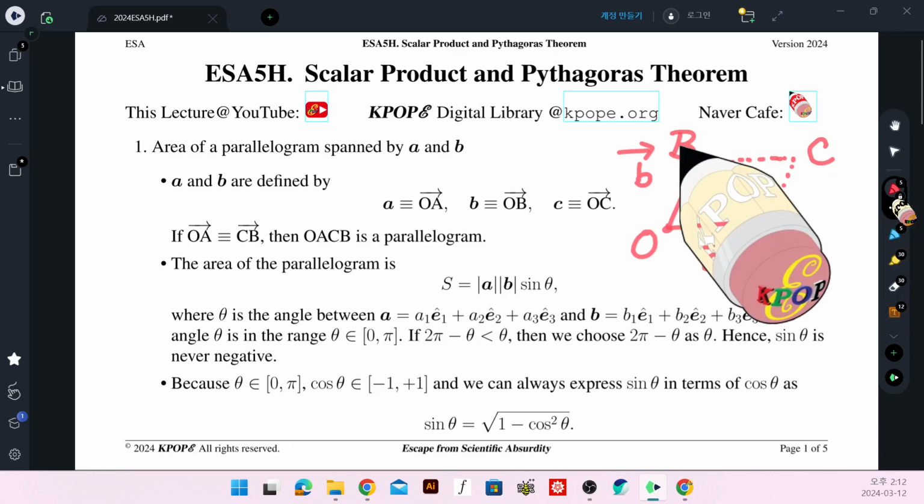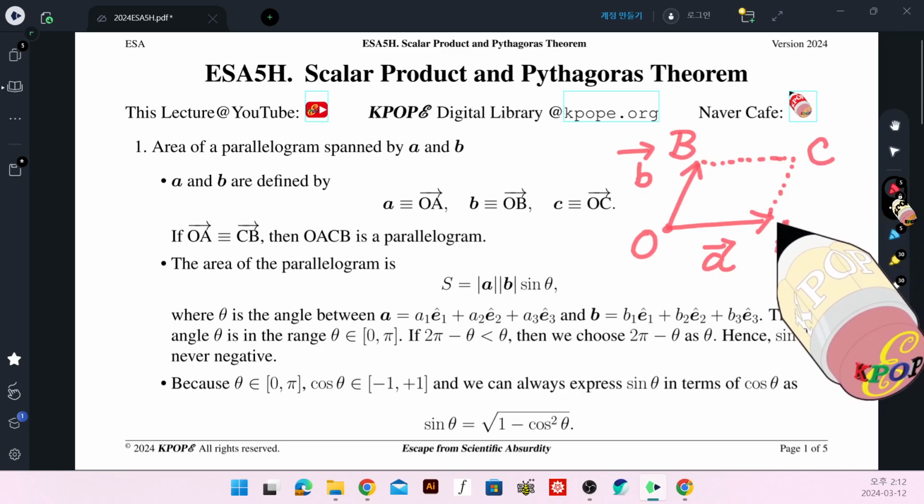Okay, parallelogram, two sides are parallel.